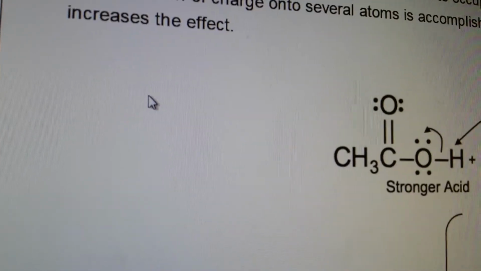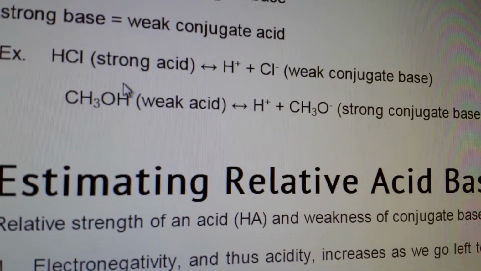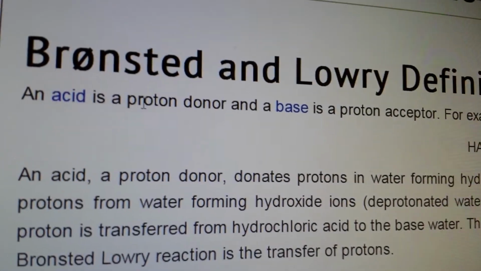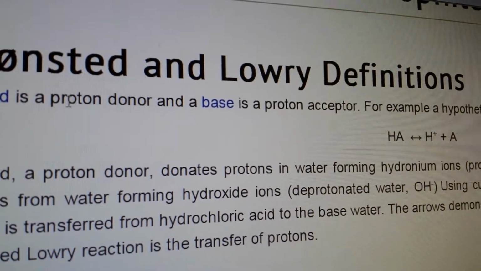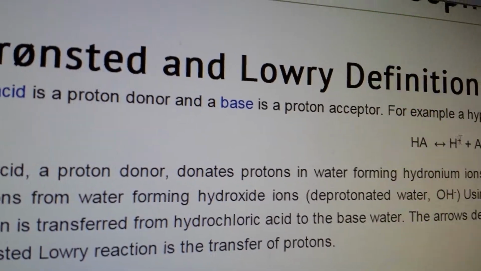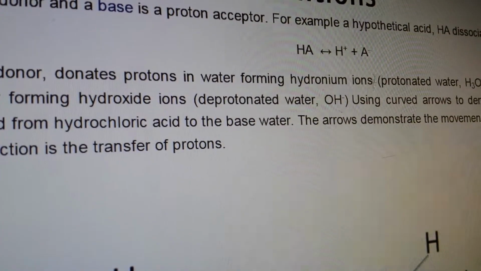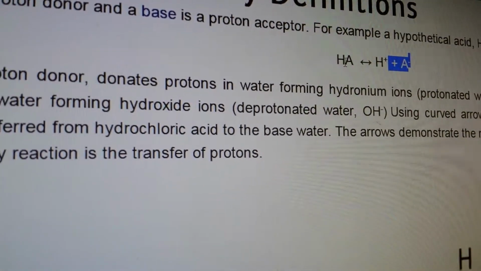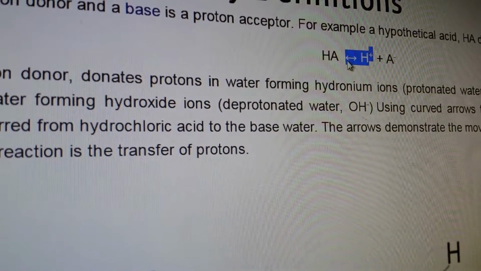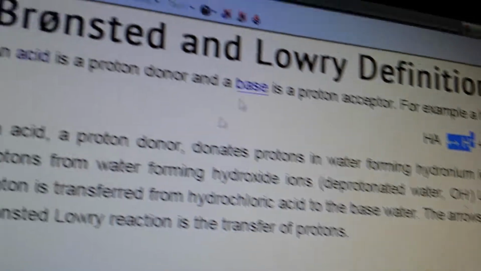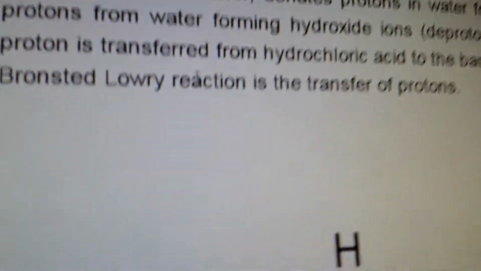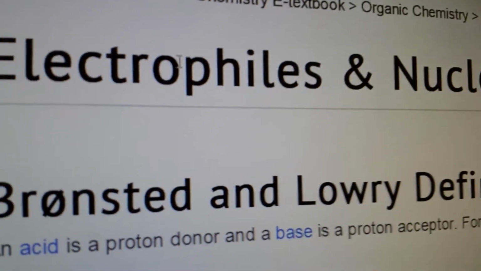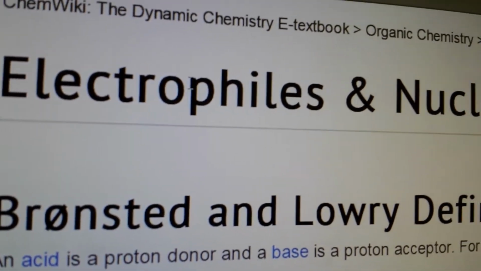This definition came from estimating relative acid base strength, and the first thing is the Bronsted and Lowry definition, where we talk about protons when describing acid and base. We say the acid gives a proton, the base accepts a proton.